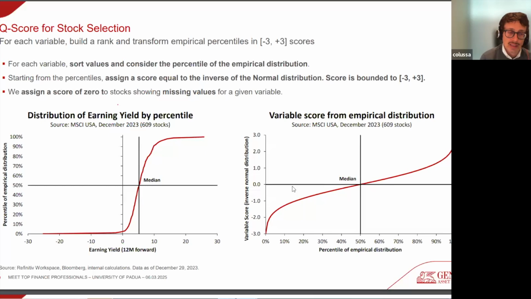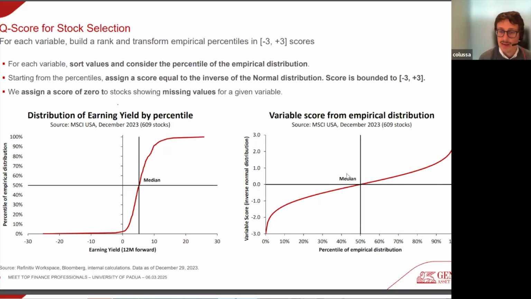And we combine these variables, penalizing more the values that were quite negative and overweighting the ones that are quite positive.